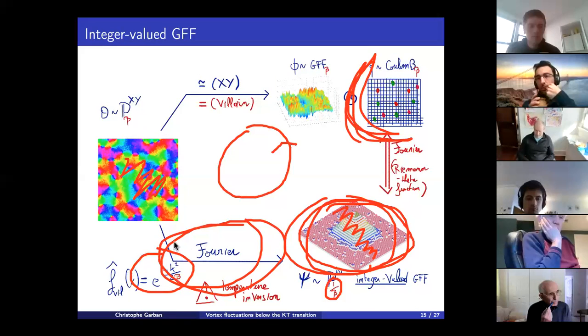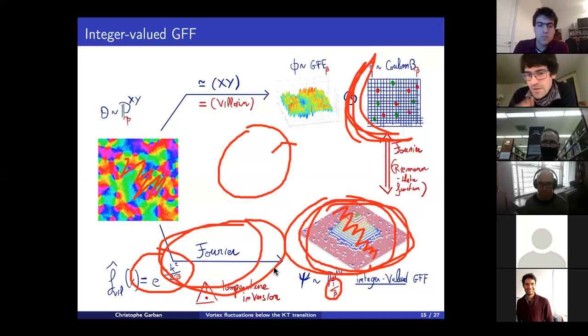And those modified Bessel functions, when K is very large, are very close to an SOS model. That's the way I understand the story. So working on that side of the picture works better for Villain than XY, but still works for the XY model by some more struggling.